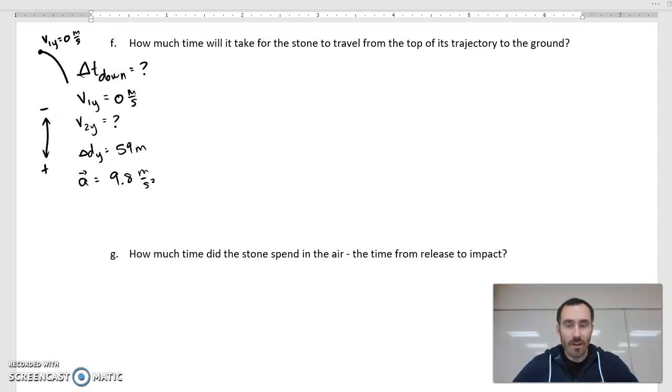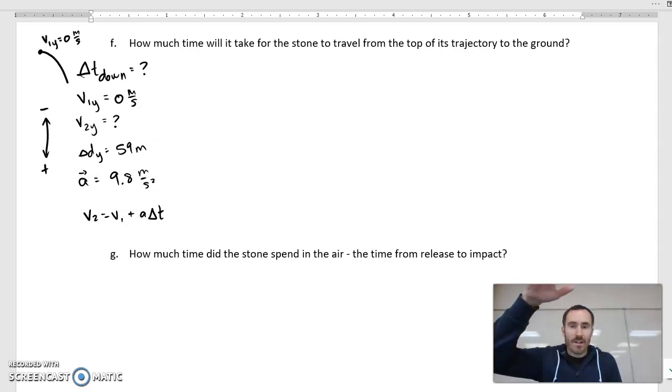So what we've usually used to calculate time so far is this v2 equals v1 plus a change in t formula, but we've always known what v2 was, right? Because usually we're talking about where it is at the top of the trajectory, and then we know v2 is 0, or at the bottom of the trajectory, and it was the same as the beginning, so then we could fill in v2 from there.